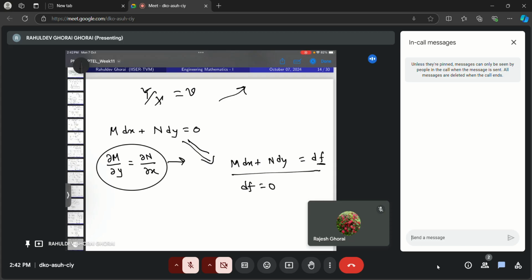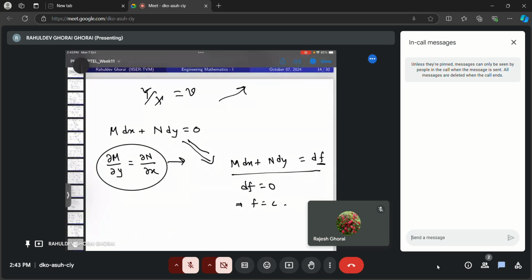You don't know explicitly what the function is, as it changes for each differential equation, but there exists such a function, and that implies f will be equal to a constant. So when it is exact, you can find the solution very easily with straightforward calculation. But when it is not exact, it will be difficult, though non-exact equations can also be made exact, and those processes exist too.